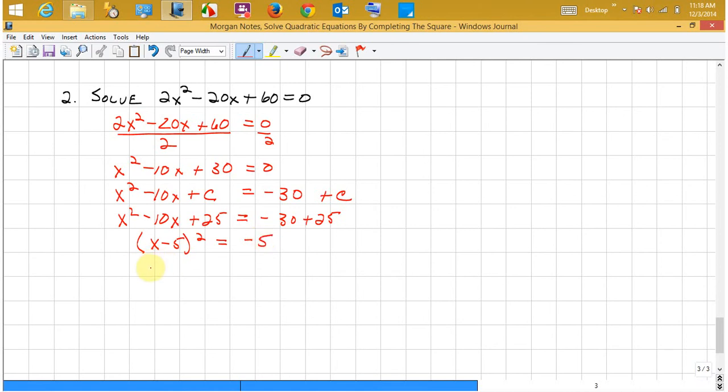Taking the square root of both sides. And now simplifying. And moving the 5 over. And there I solved it.